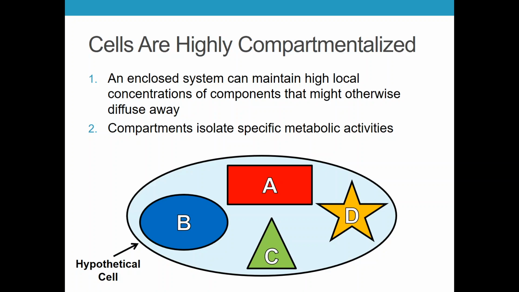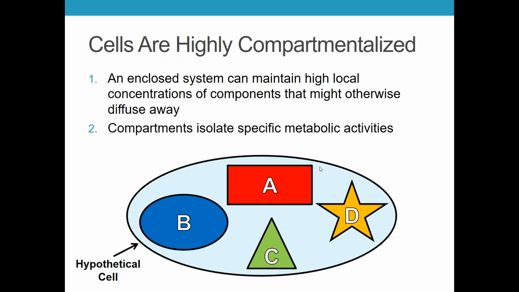You also have compartments within cells that are defined by membranes too. Here I'm showing you 4 different compartments, A, B, C, and D. These are important because in a lot of cases this ensures that certain metabolites are isolated to certain parts of the cell and keeps the concentrations of those metabolites locally high.